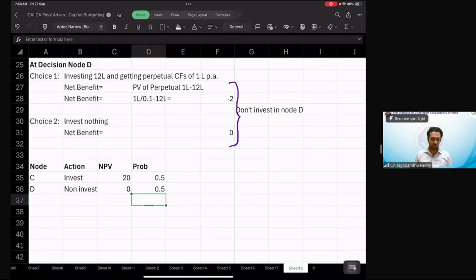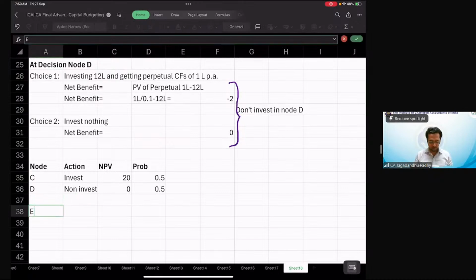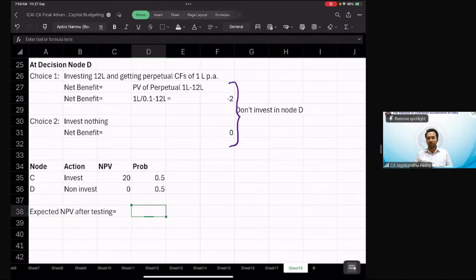So if I ask you, what is the expected NPV after testing? After you have tested it, after you have spent 2.4 lakhs, how much NPV are we expecting?